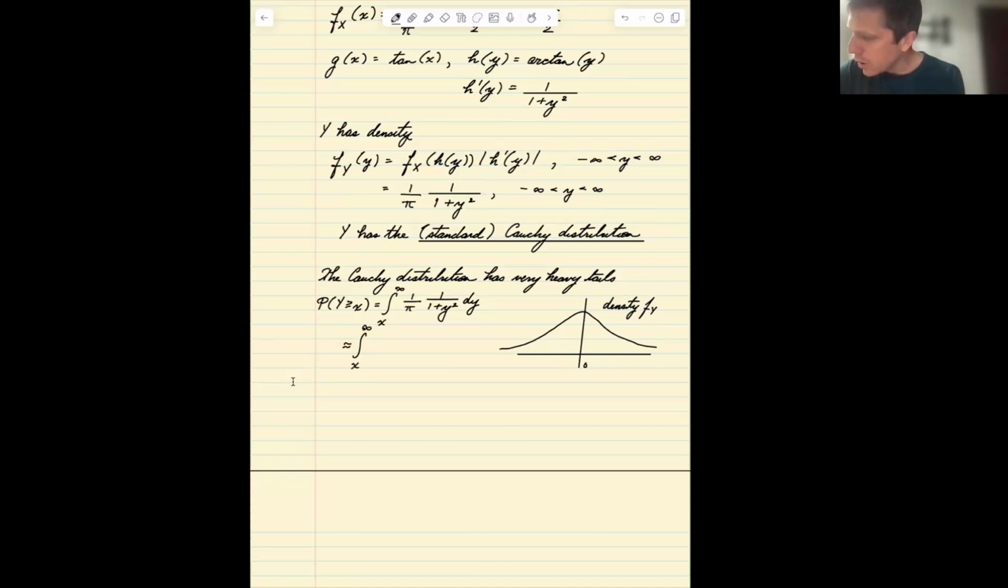Now, 1 over 1 plus y squared, if we have a very large value of x, is kind of like 1 over y squared, because the 1 doesn't really contribute. So this is 1 over pi y squared, which we can easily integrate.